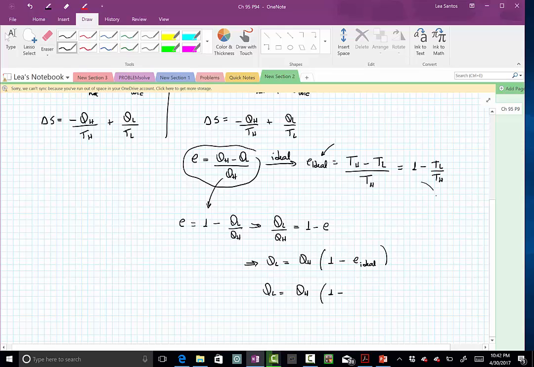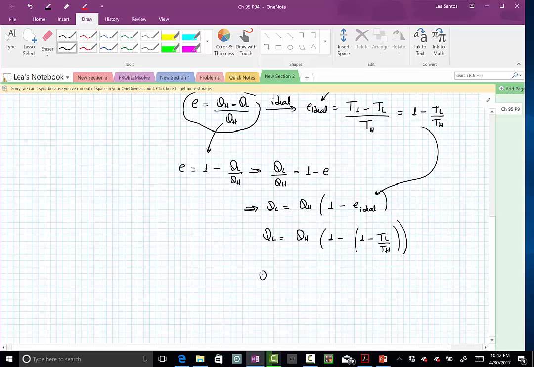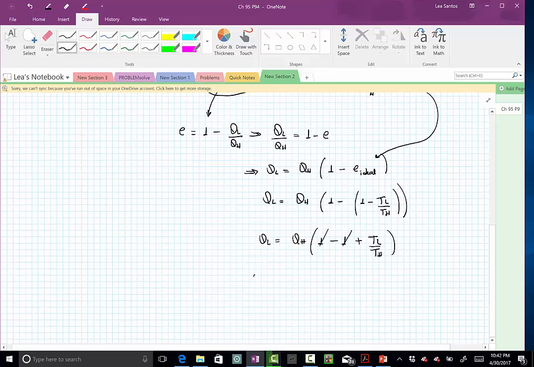So QL is equal to QH times 1 minus 1 plus TL over TH. These cancel, and I finally found that QL is equal to QH multiplied by TL divided by TH.